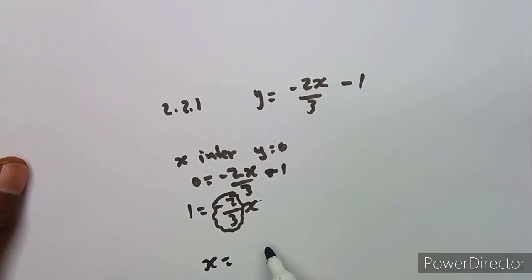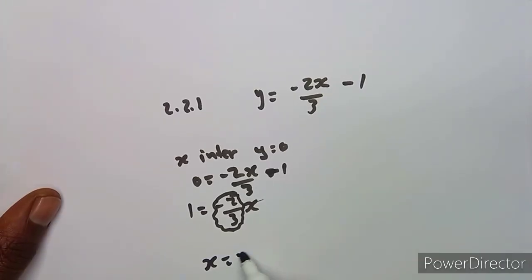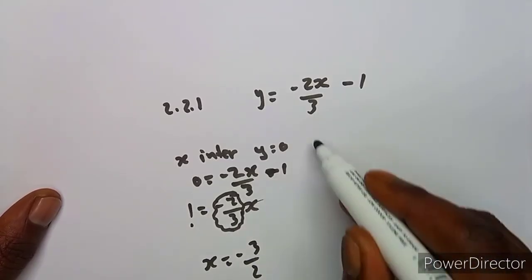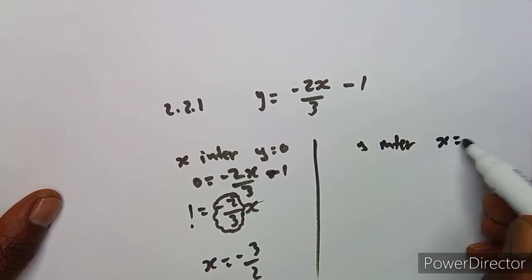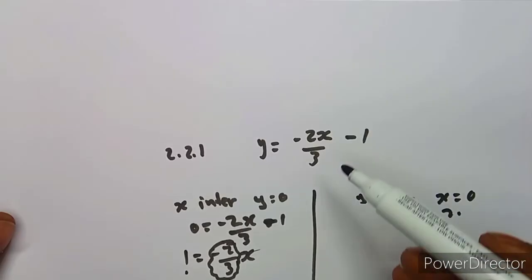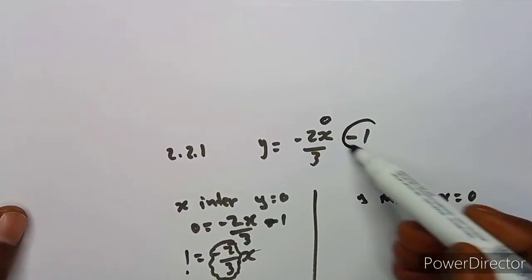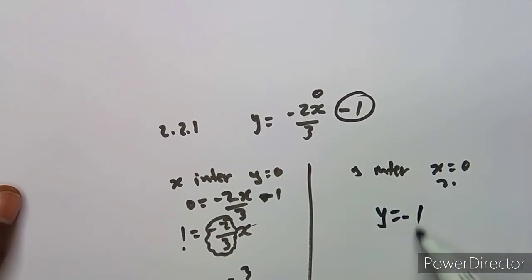So x is going to give us negative 3 over 2. So this is your x-intercept. Then we need the y-intercept, for which we know that x will be equal to 0. By just putting x equal to 0, as you can see, y is going to be negative 1. So we can actually sketch our graph here.